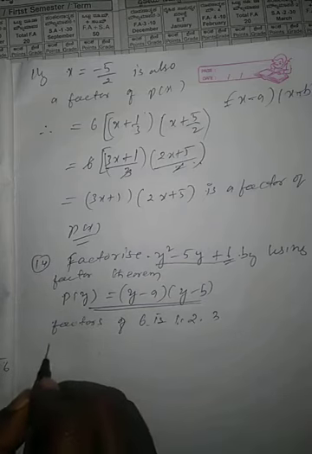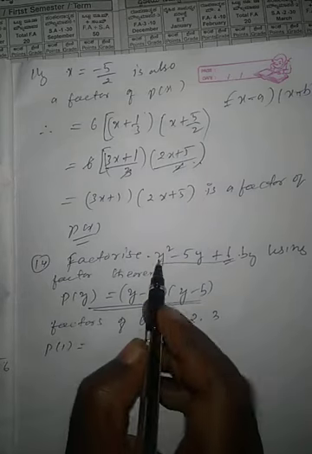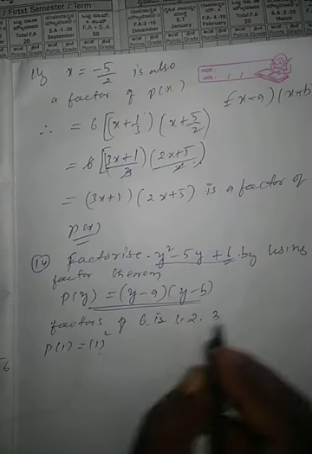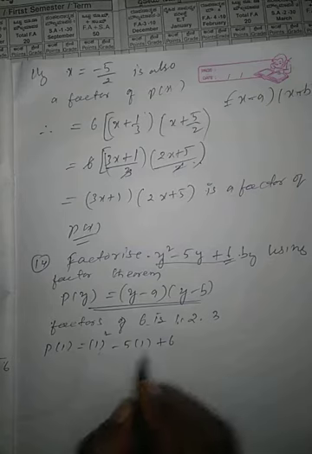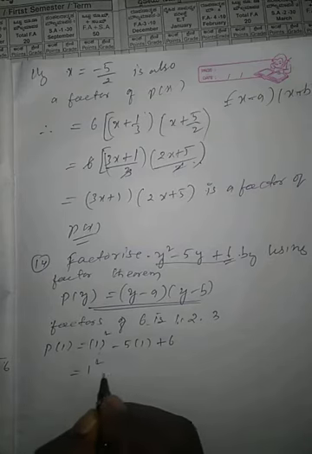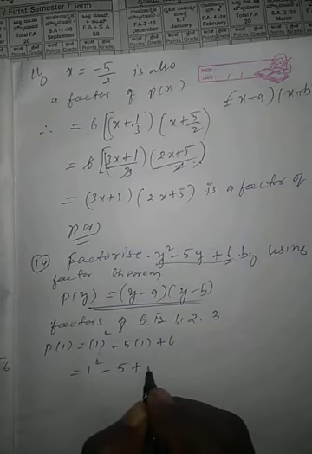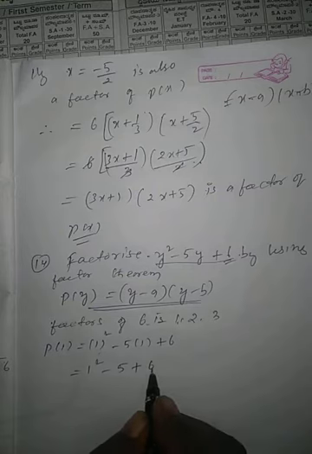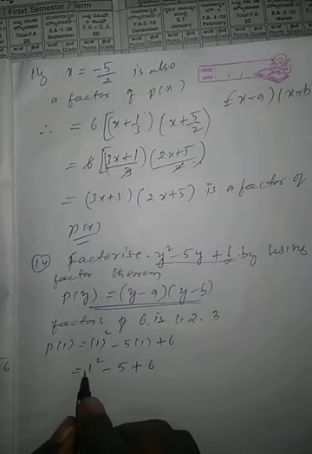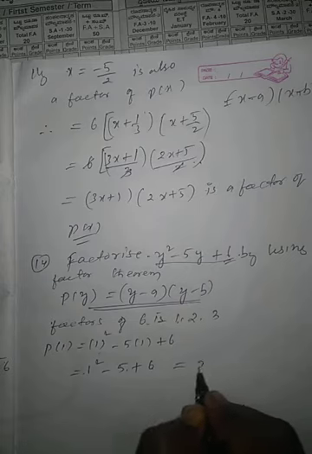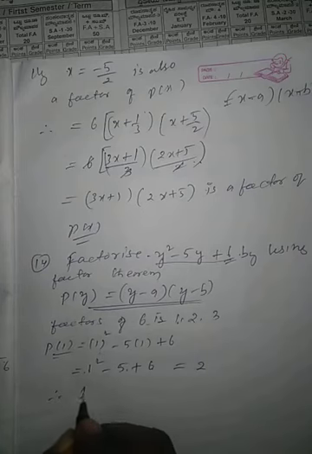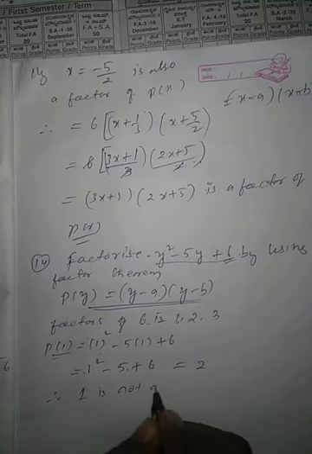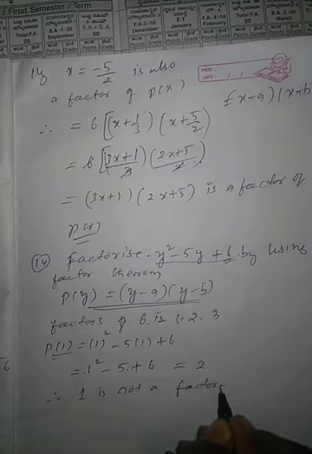First, p of 1 is equal to 1 squared minus 5 into 1 plus 6, which is 1 minus 5 plus 6, that is 6 plus 1 is 7, minus 5 is equal to 2. It is not equal to 0, so therefore 1 is not a factor.